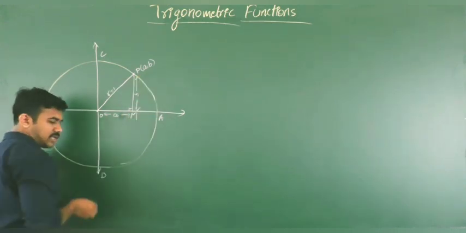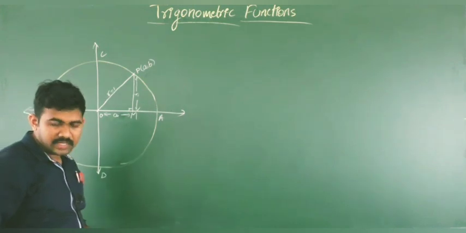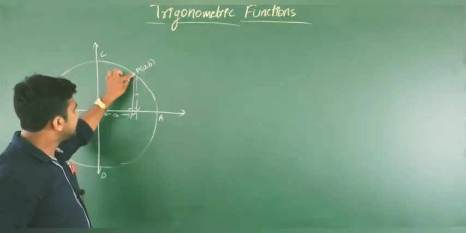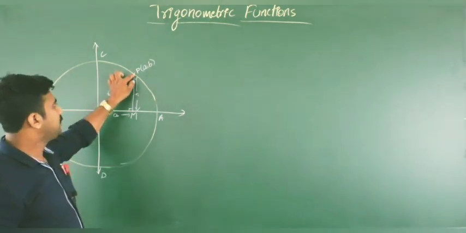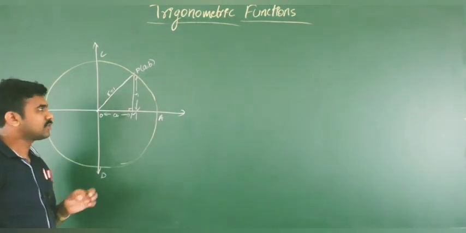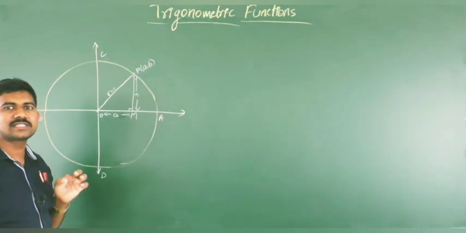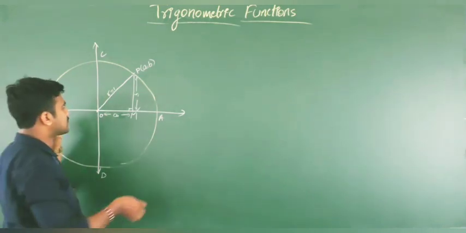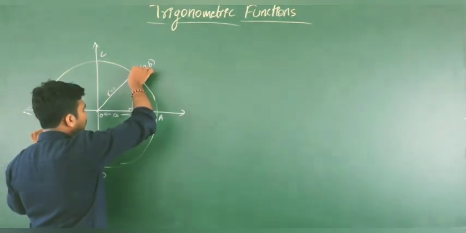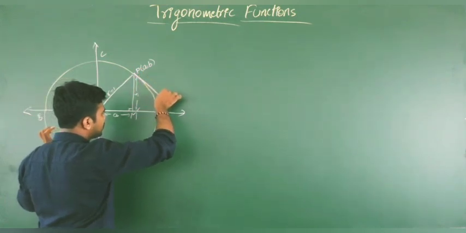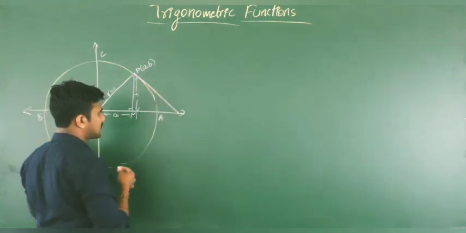Okay, so now see here, now I draw a tangent at the point P. Tangent means what? It is a line which touches the circle at one point. Okay, see, from the point P, one tangent I draw to this circle which intersects the x-axis.